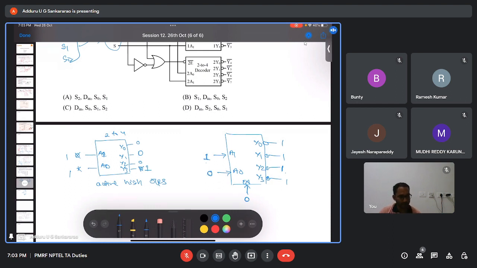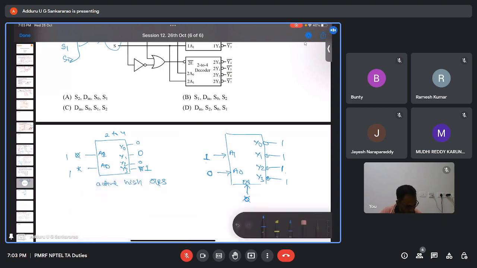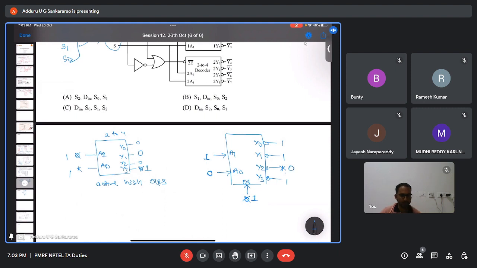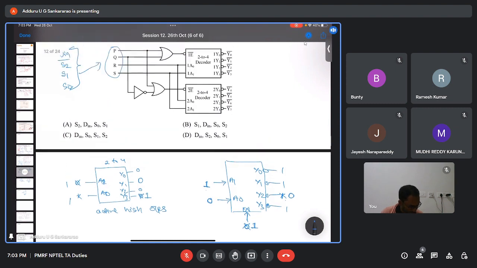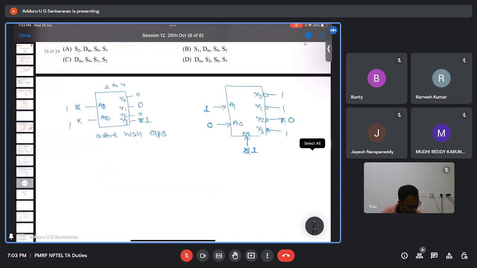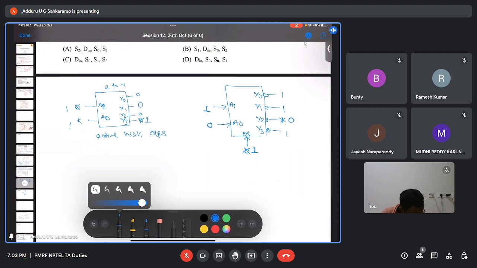When you make the enable active, here with active high enable, when you give enable as 1, only then the decoder output becomes active. This is active high enable, but in our example active low enable is given, that means enable bar, with a bubble like this.